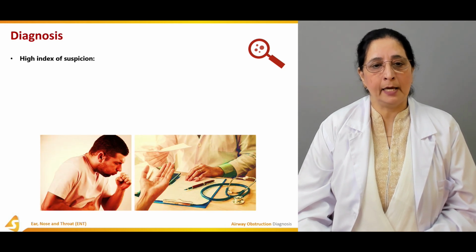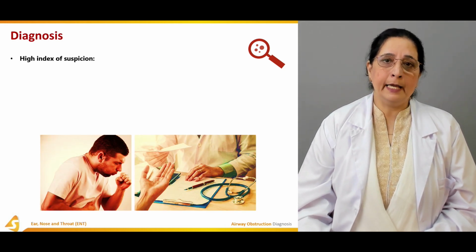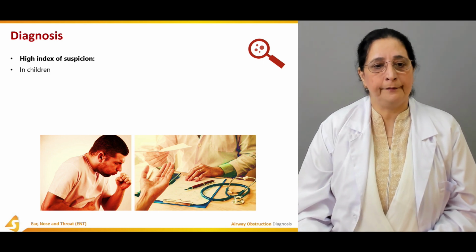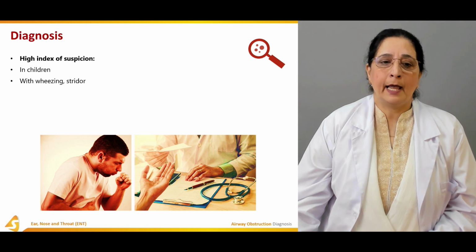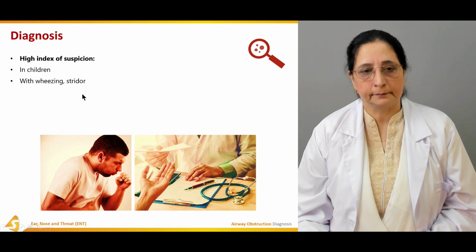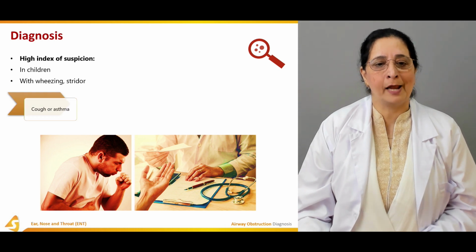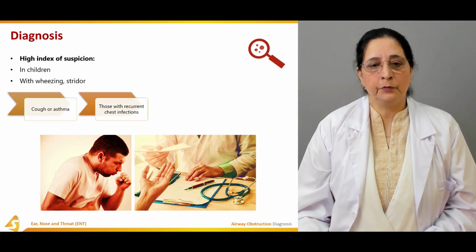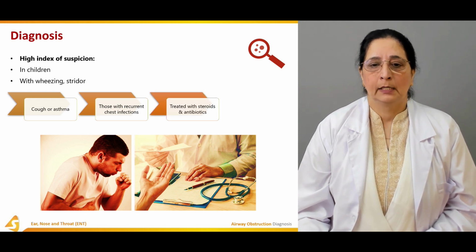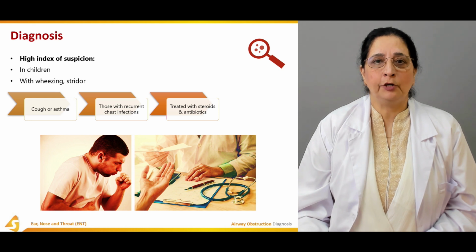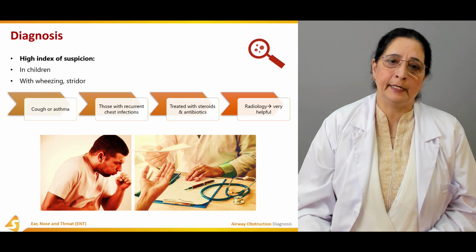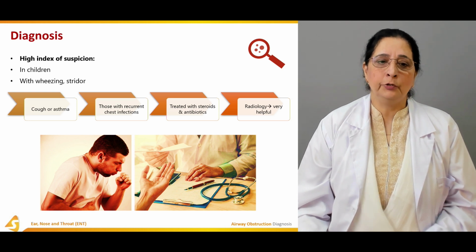Diagnosis, again: a high index of suspicion should be raised in children if they have wheezing and stridor, cough or asthma, or those with recurrent chest infections treated with steroids and antibiotics. Radiology is very helpful.